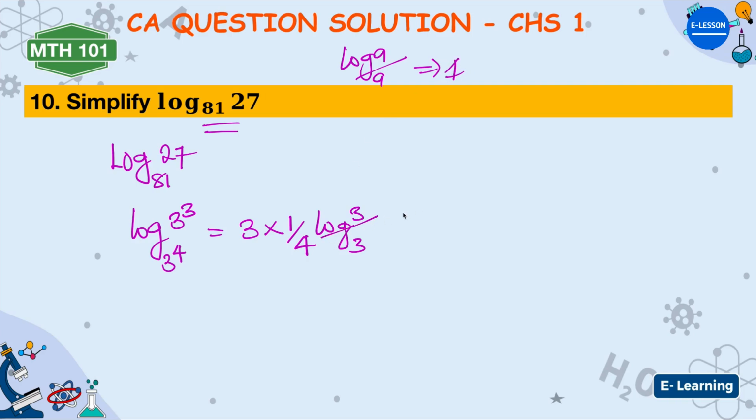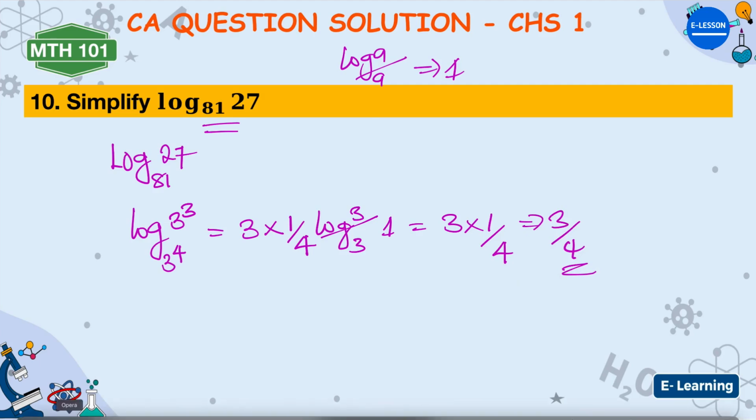So we are left with 3 times 1 over 4, which is 3 over 4. That is the answer.